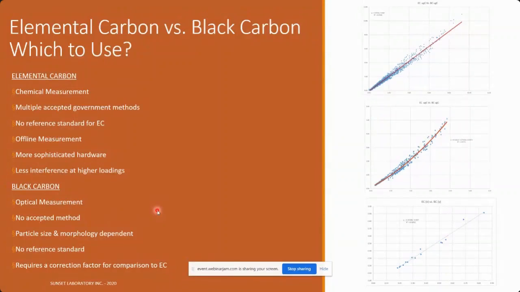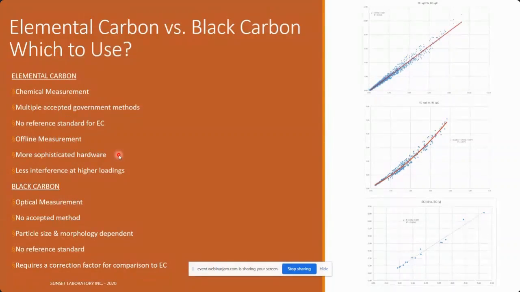There is no reference standard, and if you want to compare your black carbon to OCEC, which is a globally accepted value, you have to correct your black carbon. This correction is not like a unique lookup table that you can simply apply. You have to measure this correction on site.